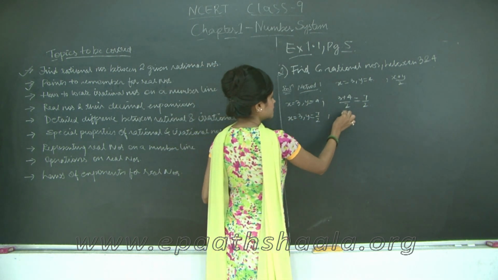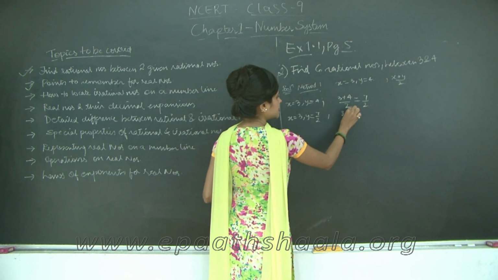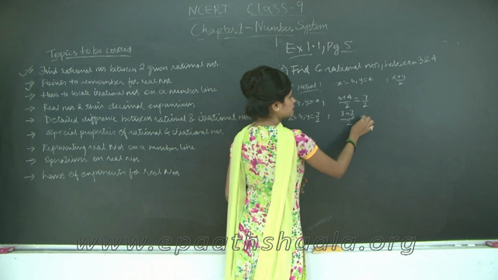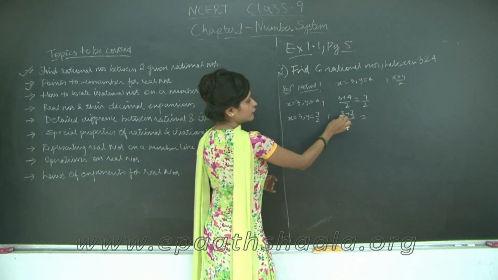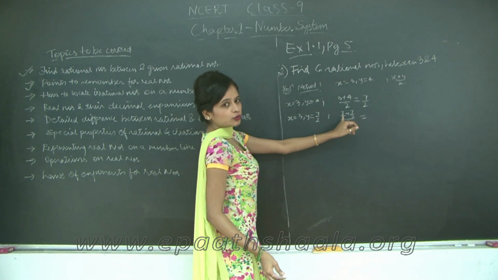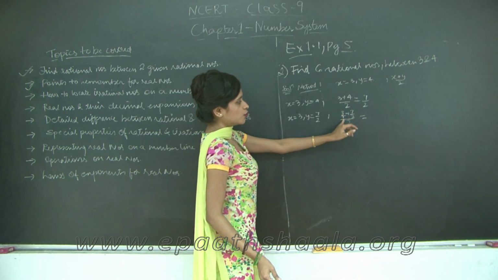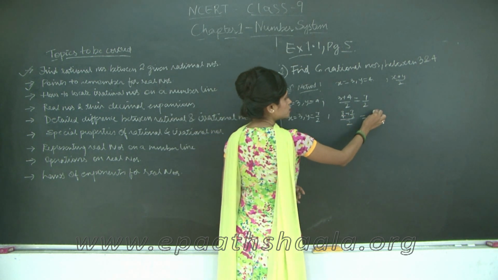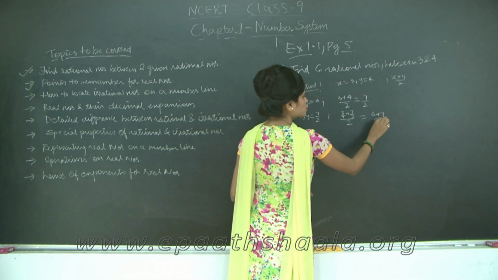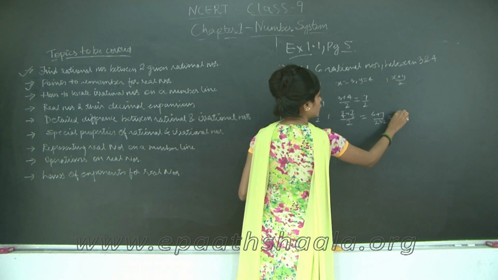So what do I get? (3 plus 7 upon 2) upon 2. The LCM of 3 upon 1 and 7 upon 2 is 2, so I multiply numerator and denominator by 2. This becomes (3 twos are 6, plus 7) upon 2 into 2, which is 13 upon 4.